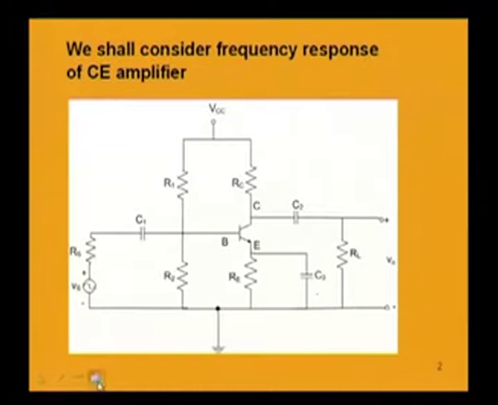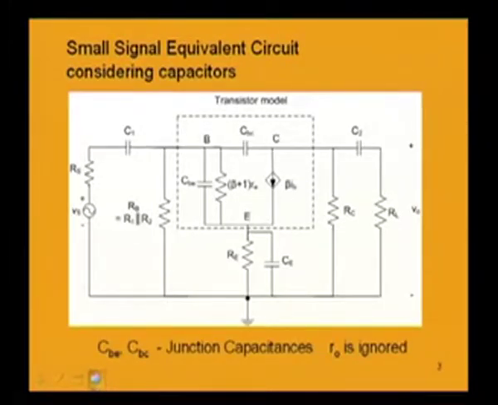Now when the small signal equivalent circuit is drawn considering these capacitors also, we get a circuit where C1, C2 and CE, the bypass capacitor, are there, but apart from these three capacitors we also have two other capacitances: CBE between base and emitter, and CBC between base and collector.